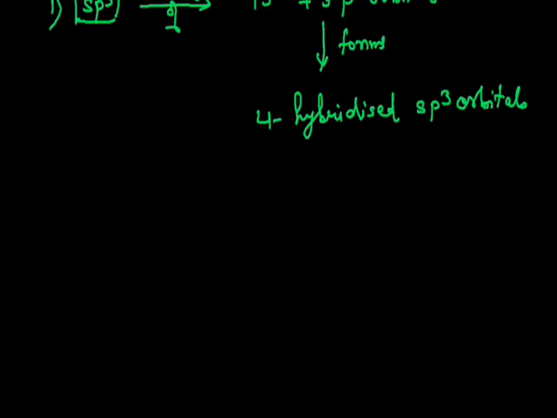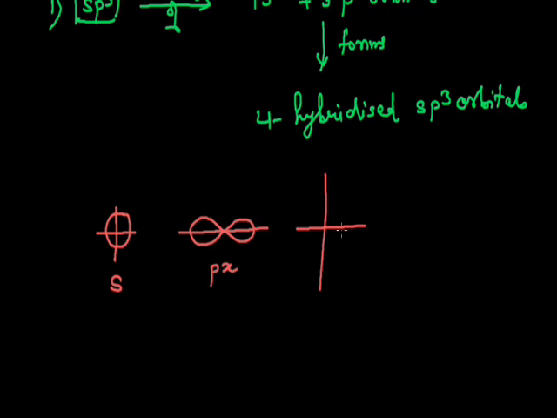Let us understand this with the help of the shapes of the orbitals. Say this is the s orbital, which is spherical. It is combining with 3 p orbitals, px, py and pz.